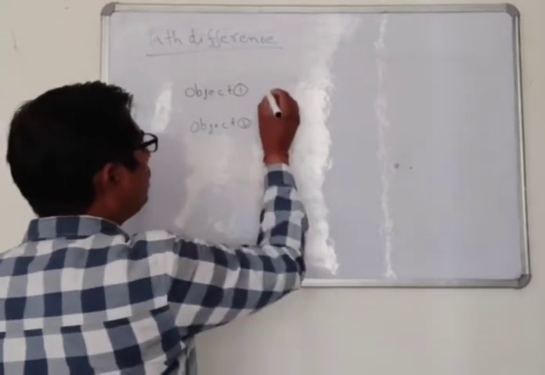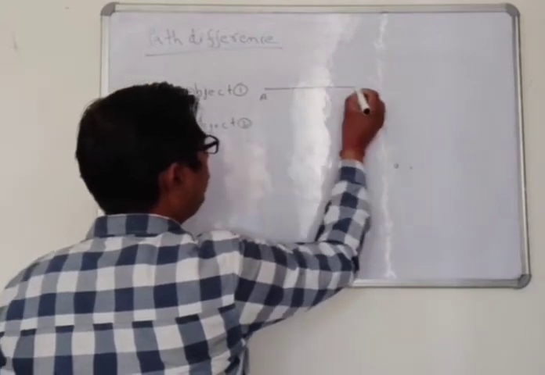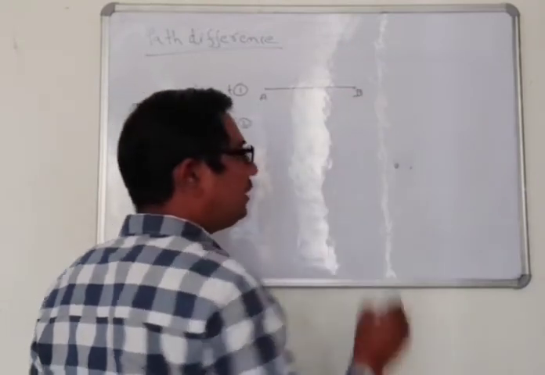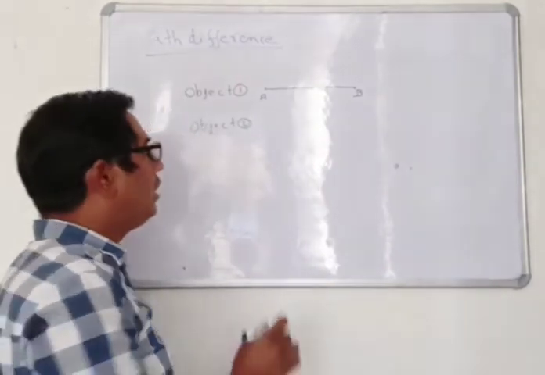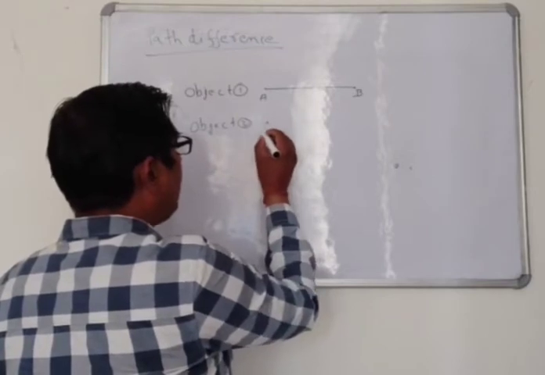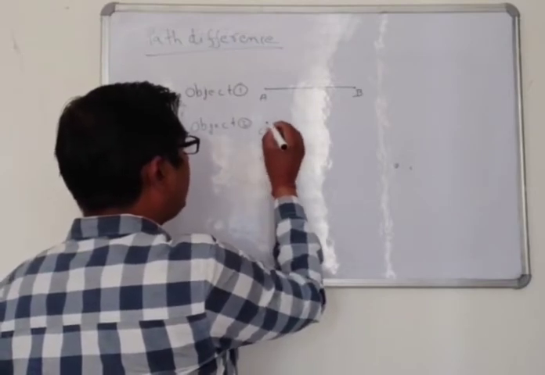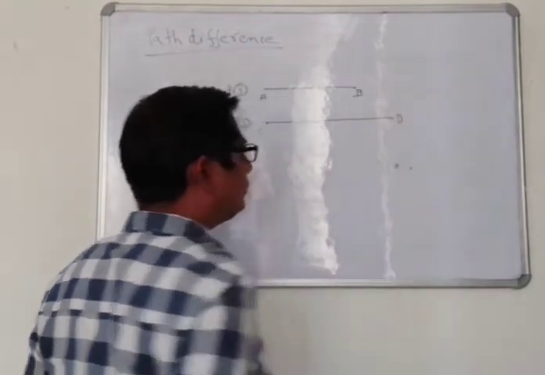Object 1 travels from point A to point B in a straight line, and object 2 also travels in a straight line from C to D.